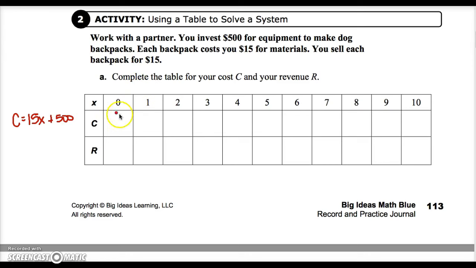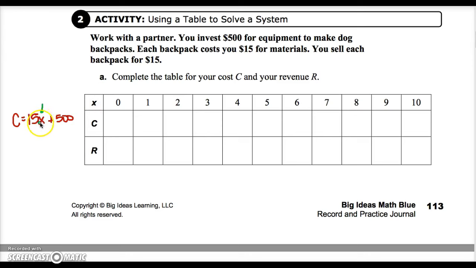Now, we'll do the revenue here in just a minute, but let's go ahead and fill out the row for the cost. So they give me all of my x values right up here. So if x is 0, that means I take 0 and put it right in where the x is, and then I'm going to solve it.